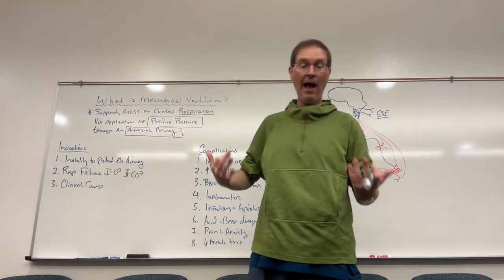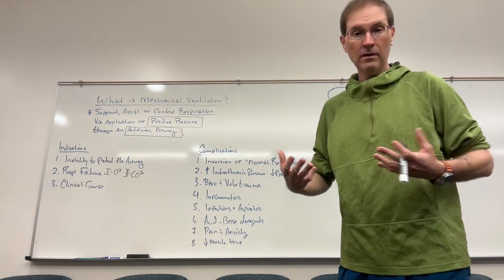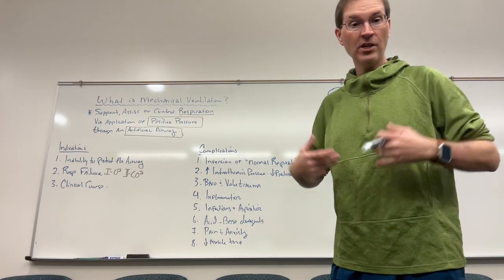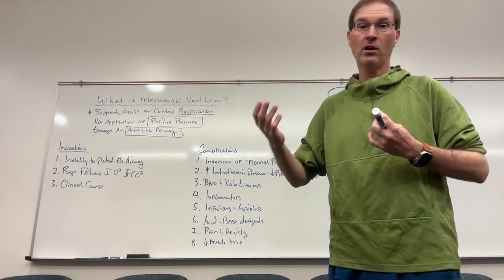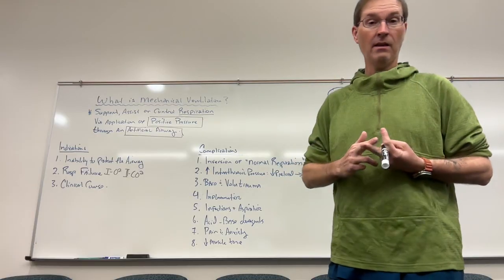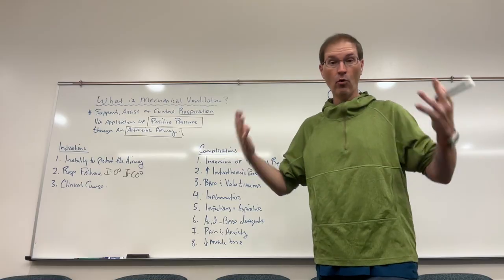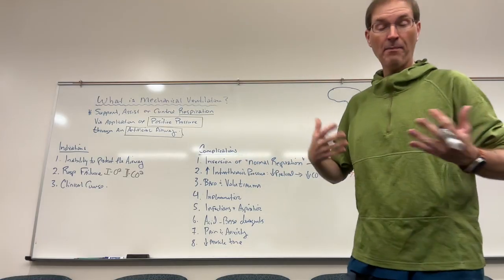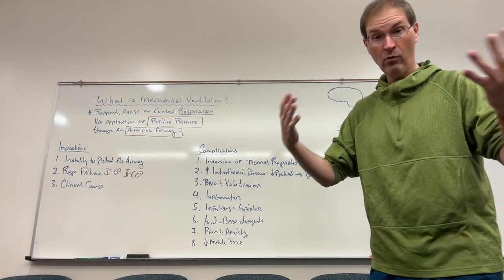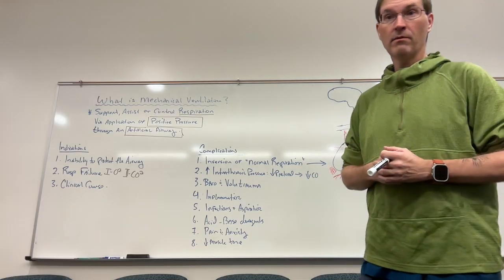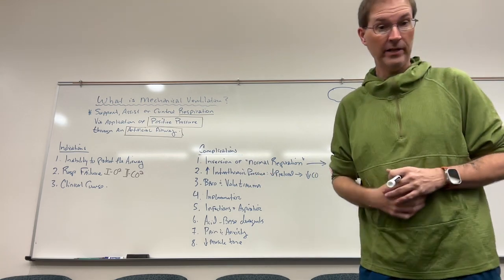And again, how hypercapnic does somebody have to be before we initiate mechanical ventilation? There are lots of guidelines out there. A lot of them are based on pH, arterial carbon dioxide, and the overall pathophysiological processes that are causing the respiratory failure. And I would just tell you all to reference your institutional guidelines on that.